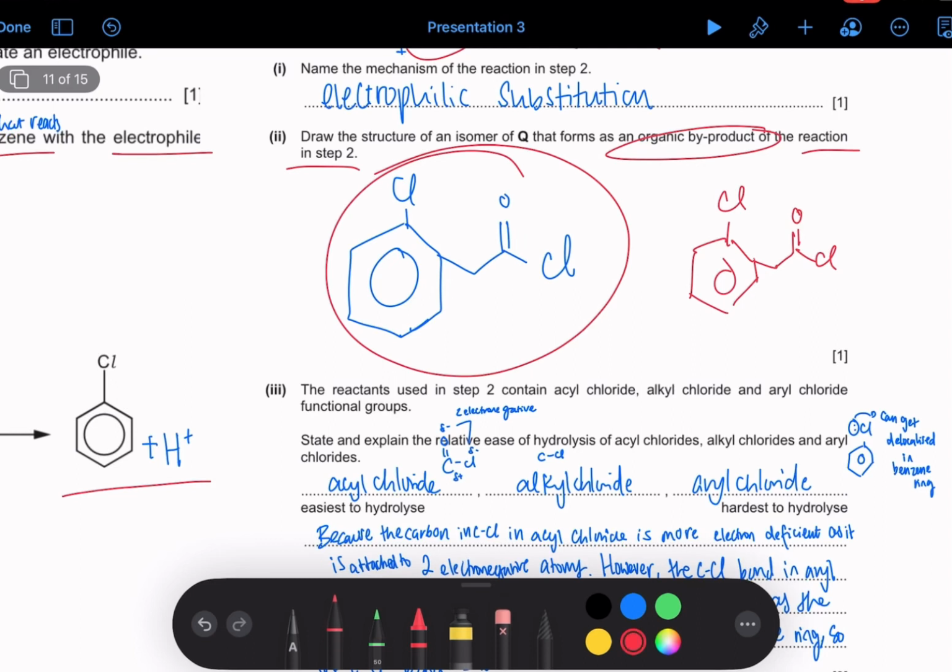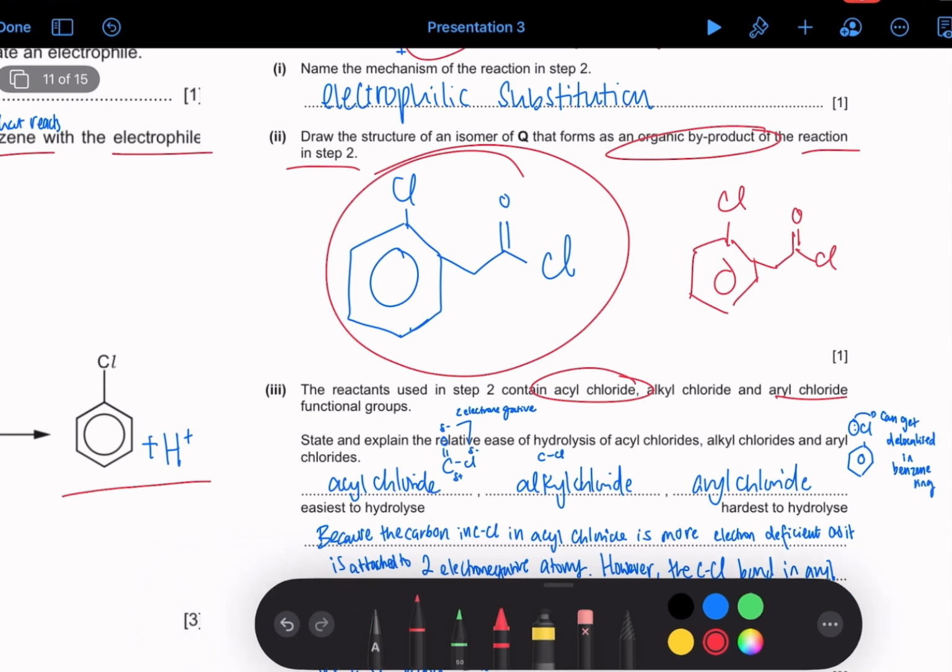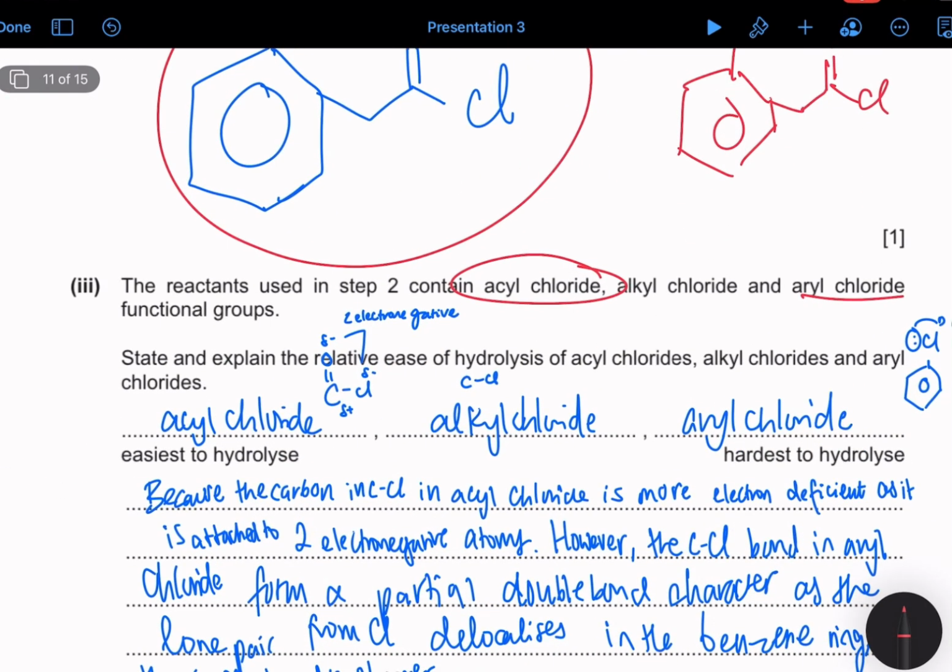The reactants used in step 2 contain acyl chloride, alkyl chloride, and aryl chloride. State and explain the relative ease of hydrolysis of acyl chlorides, alkyl chlorides, and aryl chlorides. So again, your acyl is easiest to hydrolyze because, as you can see, it is bonded to 2 different electronegative atoms.